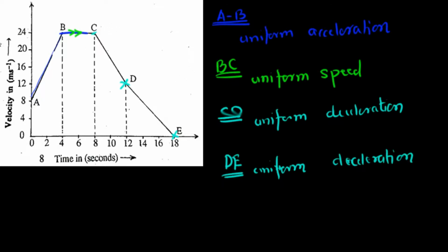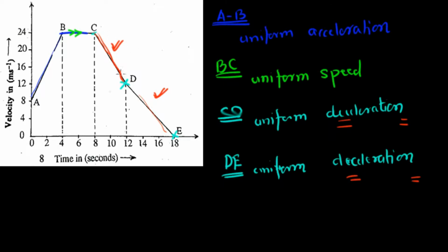What exactly is the difference between CD and DE, if they both denote deceleration in the vehicle? If you look closely, there is a difference between the gradients. There's a difference between the gradient values from C to D and D to E, so possibly the deceleration value would be different for both of them.